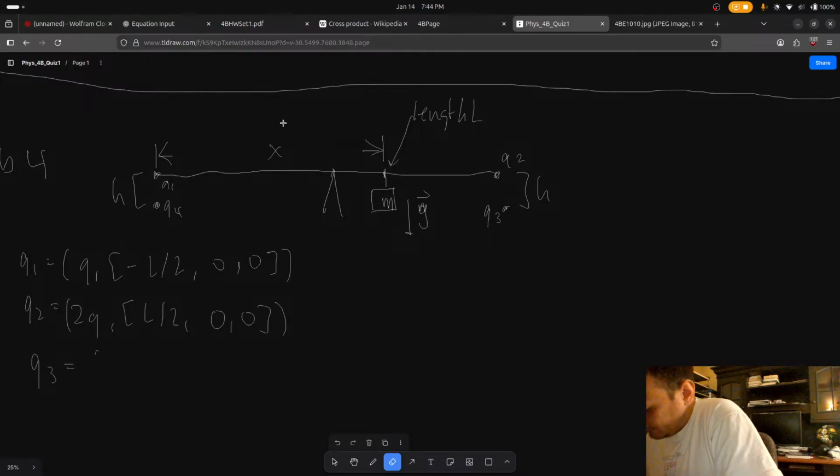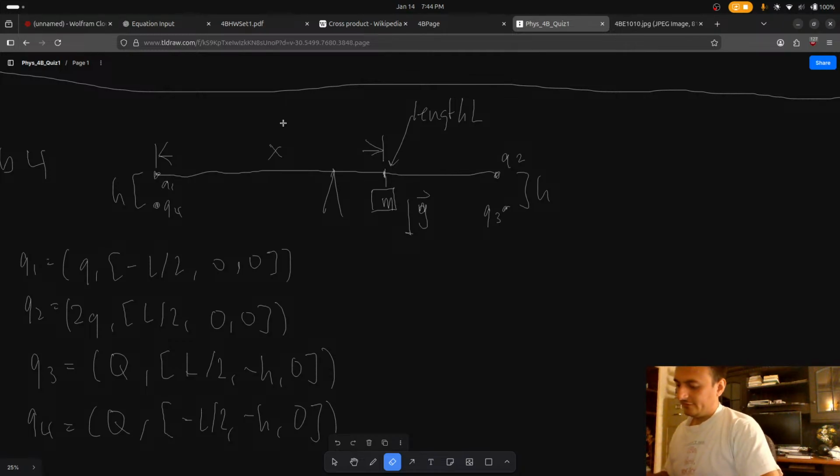Q3 is equal to Q at (L over 2, minus H, 0). And Q4 is equal to Q as well, at (minus L over 2, minus H, 0). So we have the setup of the problem. And M1 is equal to M at (x minus L over 2, 0, 0).